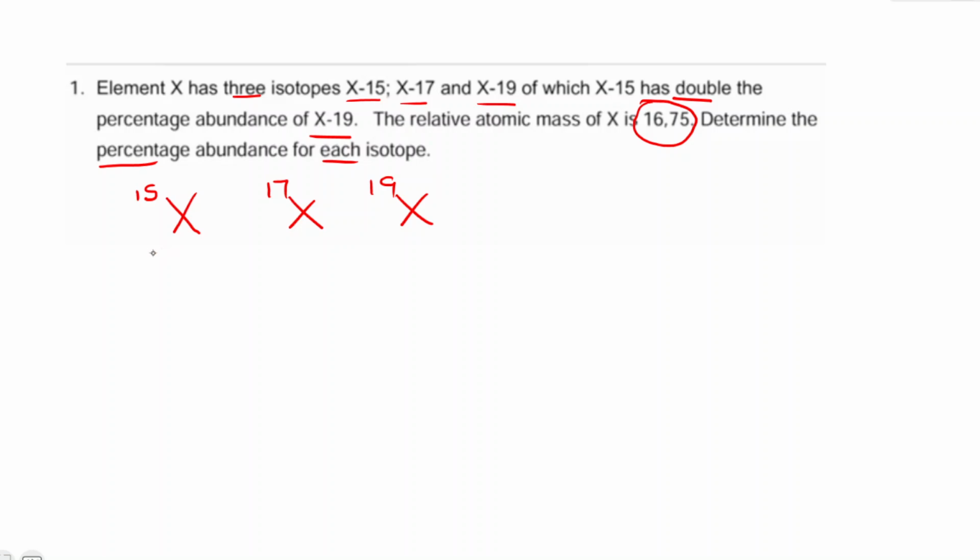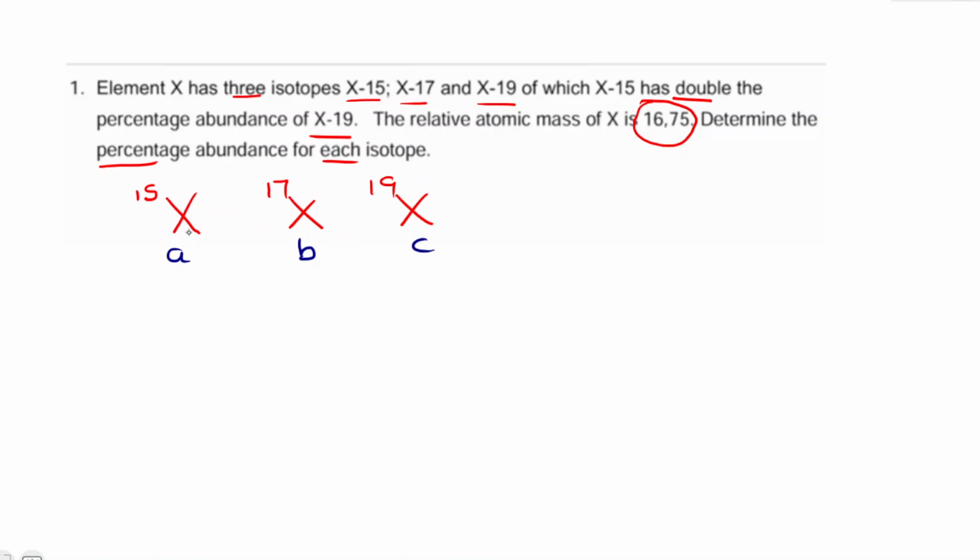We don't know the percentage of X. Let me use other variables, because I have X here and I don't want to have X again. So I'll call this one A, this one B, and that one C. We don't know the percentage abundance of each. That's what we have to calculate. But we do know that the percentage abundance of X15 is double the percentage abundance of X19.